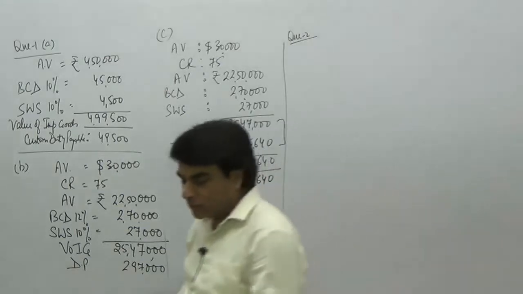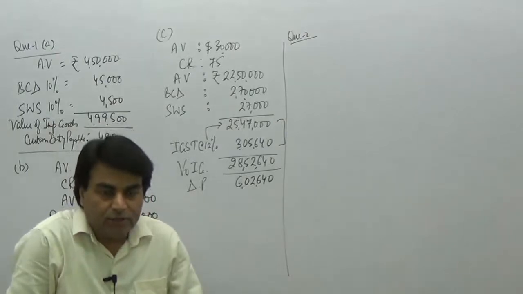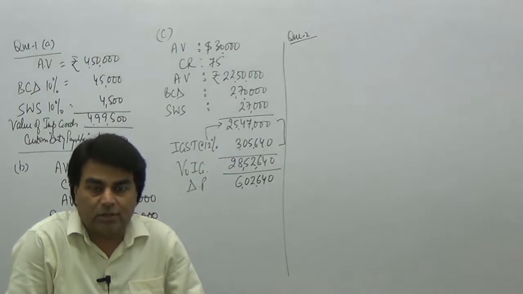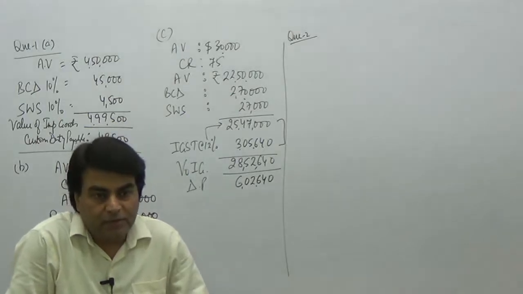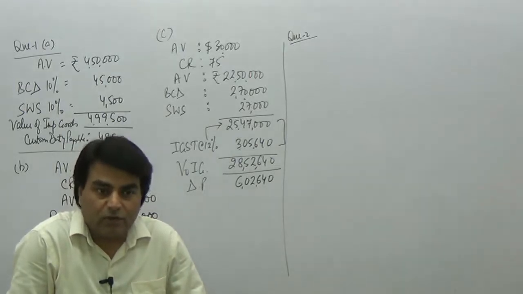It says, Mr. R, a trader, imported certain goods for trading purposes. The assessable value is $10,000. Calculate assessable value and rate of custom duty in Indian rupees if the exchange rate and rate of duty are as follows.